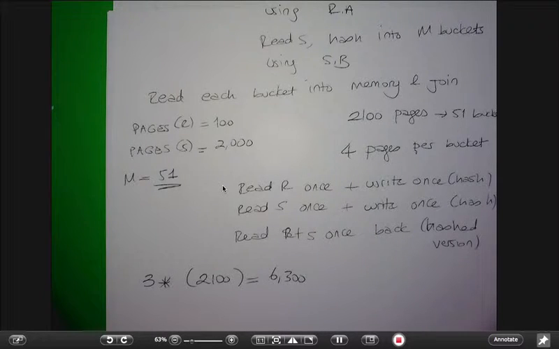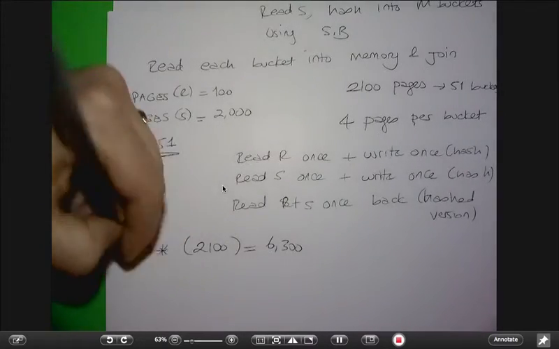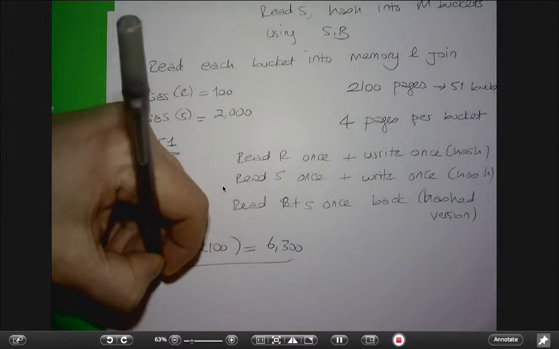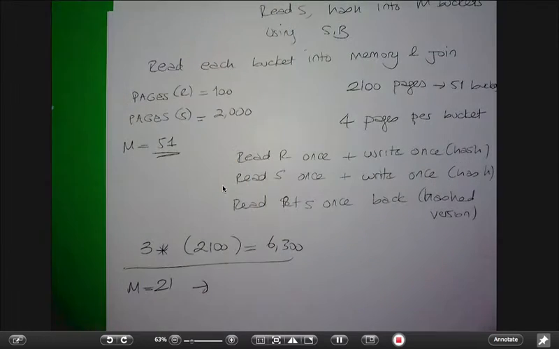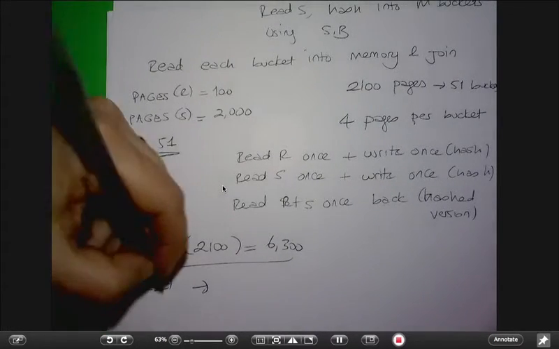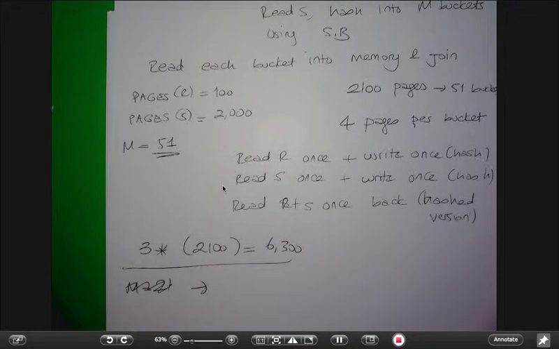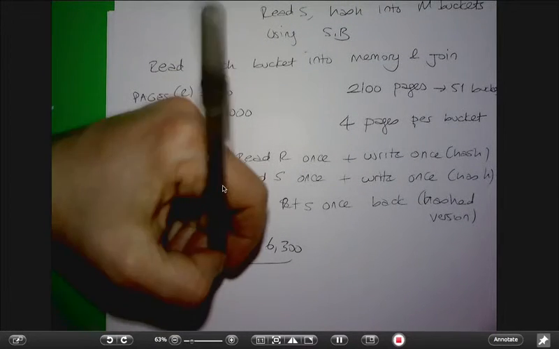Now, what you may find is that if you just hash to 20 buckets, this can actually be better than the cost with just block nested loop because probably hashing will work better. So if I had, let's say, if M was, what was the other one? 21. Well, let's try this.